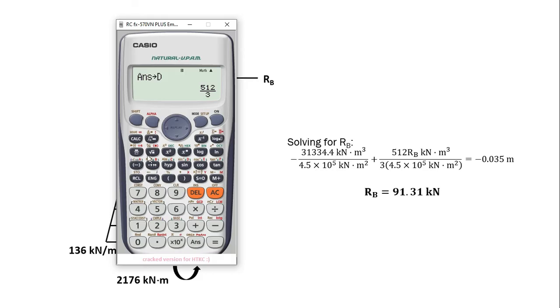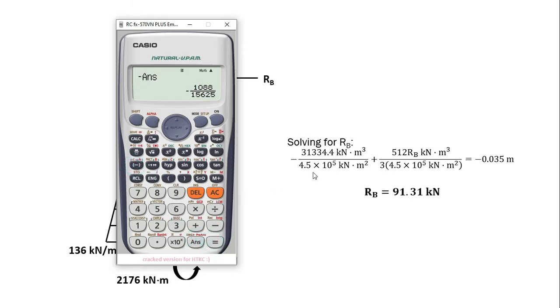So, we have the value of this. Okay, this is C, right? Over 4.5 times 10 raised to 5. Okay, let's negate it. Negative 0.035 minus the answer. This is it, right? Okay. So the answer earlier was negative. Okay, wait a moment, let's fix this. Negative answer.